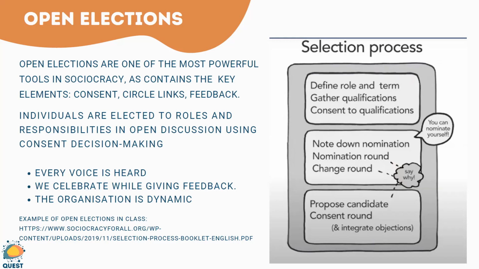We need to write it down. This is done in rounds, so everyone contributes to writing down the qualifications needed to be, for instance, the leader attending the school assembly. Then we have a consent on the qualifications, so everyone agrees that those are the required qualifications.